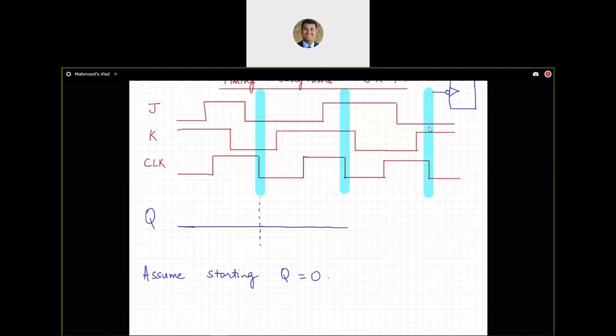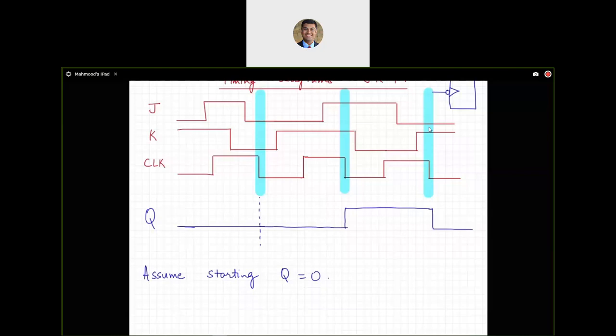At the next negative edge, we have J and K both 1. So we are in the toggle state. So we'll toggle from a 0 to a 1. And we'll stay there until the next negative edge. At the next negative edge, we have K to be a 1, J to be a 0, which means we will reset or kill to a 0.